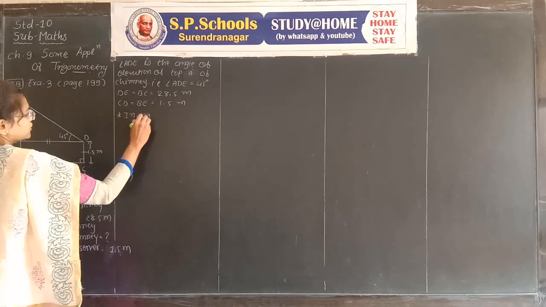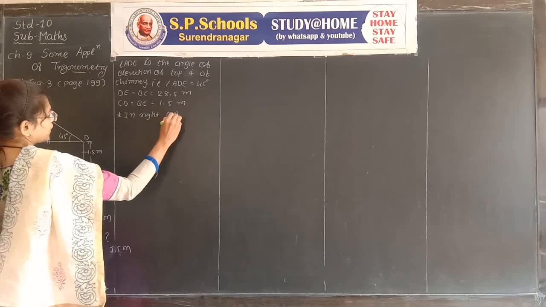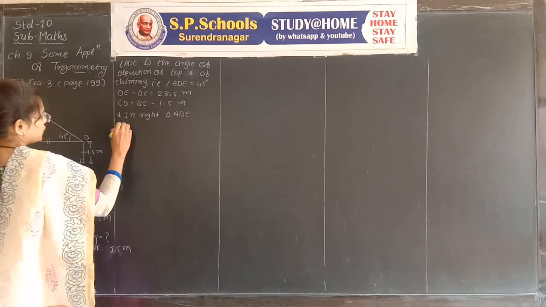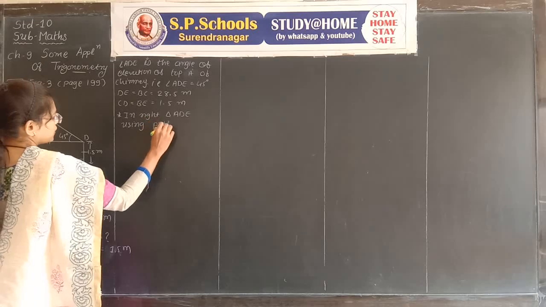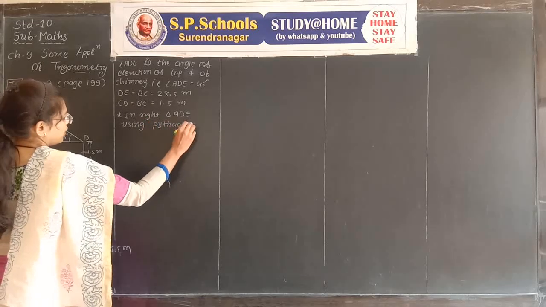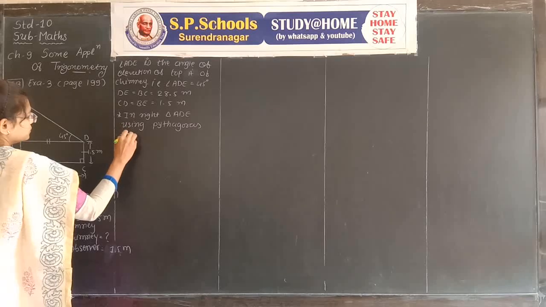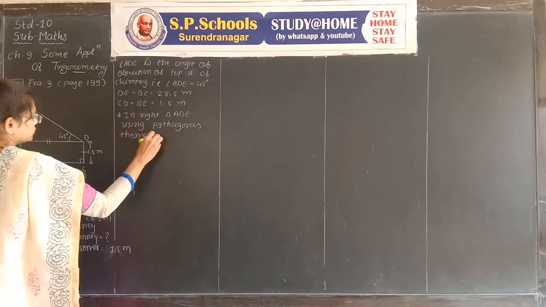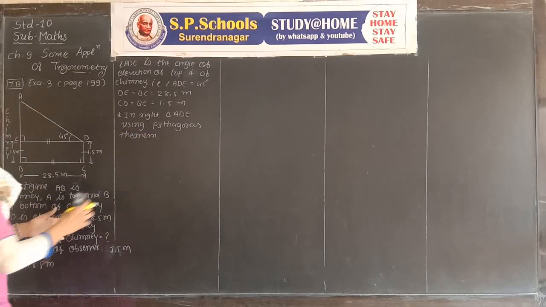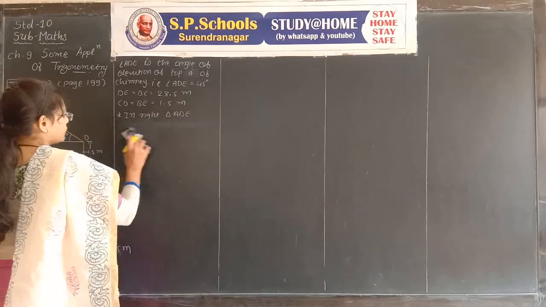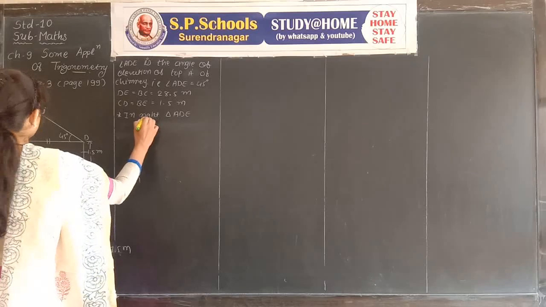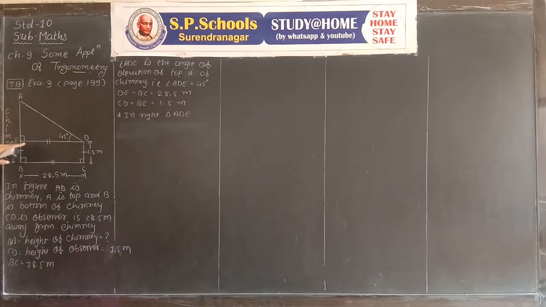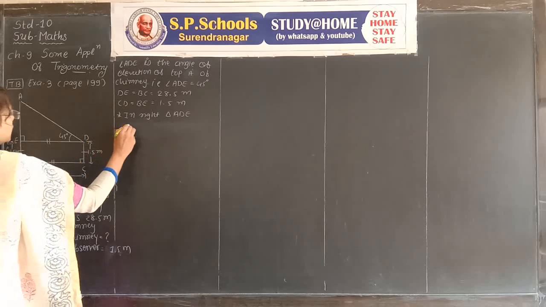In right triangle ADE, can't apply Pythagoras theorem here. We know the adjacent side 28.5, opposite need to find.